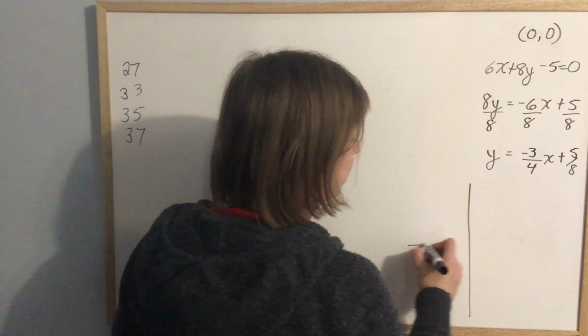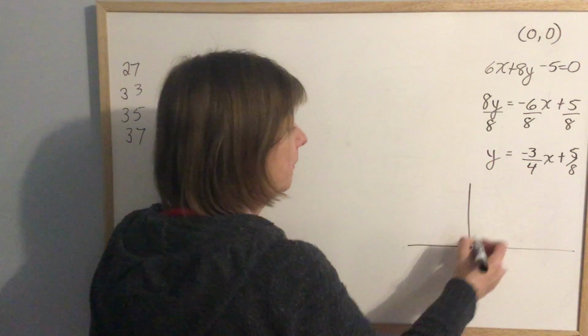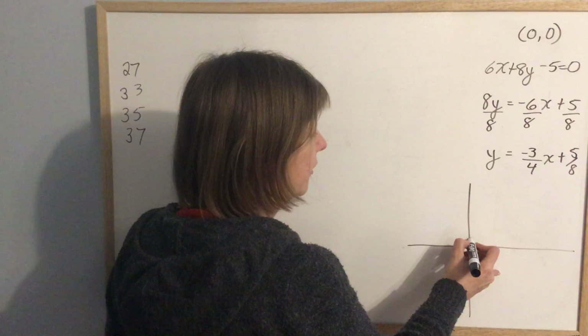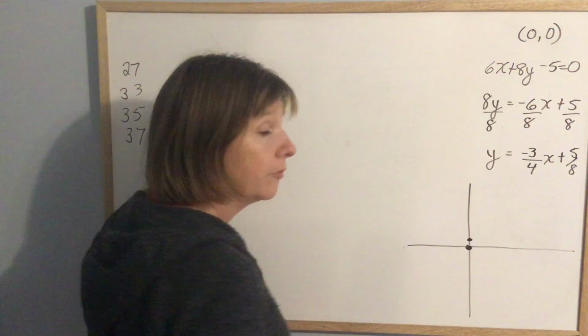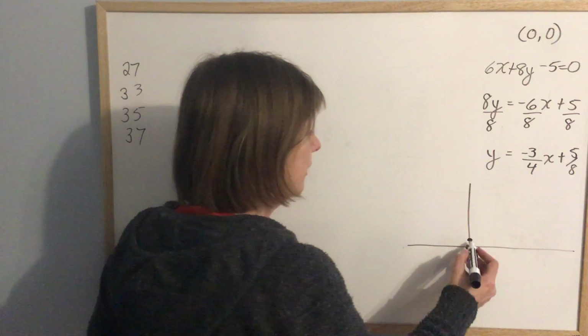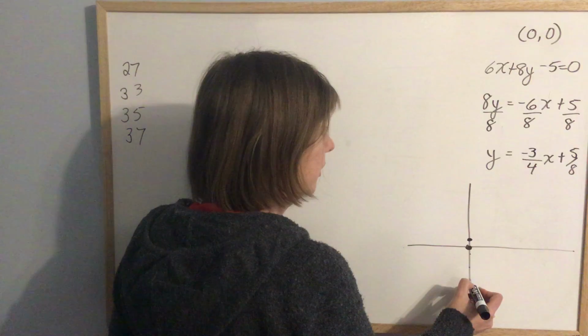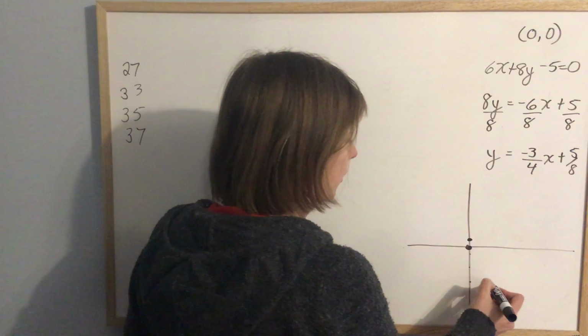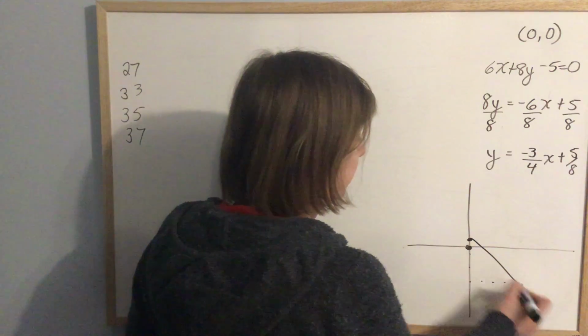Just to give me a visual, my point is (0, 0). My line, the y-intercept is 5 over 8, so a little more than half a square up. That's my y-intercept. And down 3, so 1, 2, 3, and over 4, 1, 2, 3, 4. So that's my line.